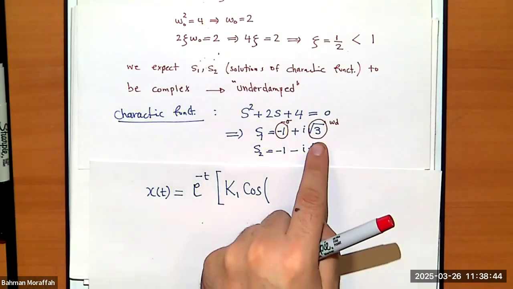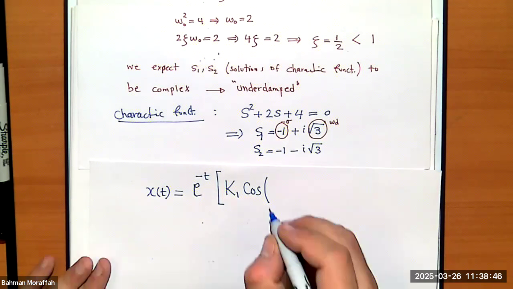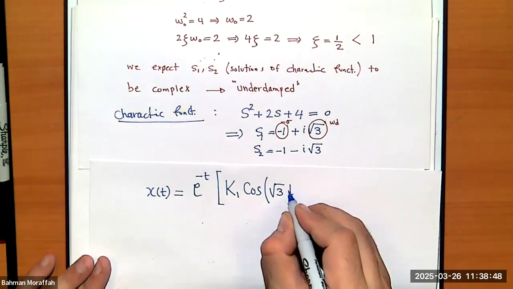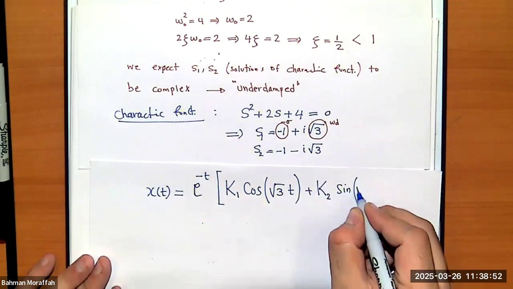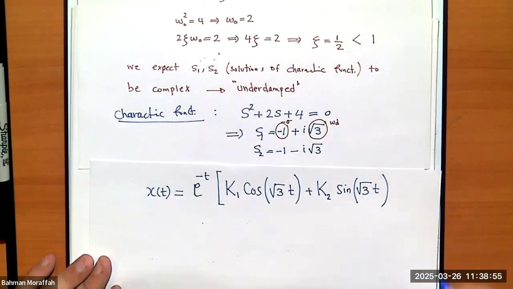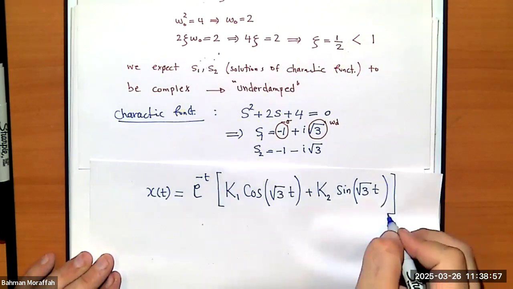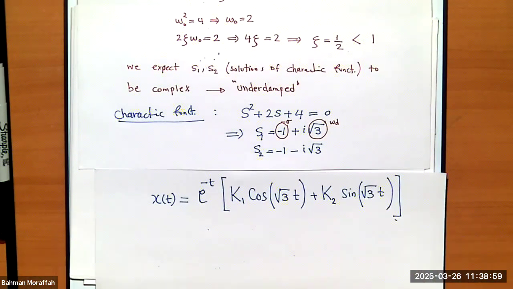Well, omega d is radical 3, so I have radical 3 t, plus k2 sine radical 3 t. And obviously, if I give you the initial conditions, you can find k1 and k2.